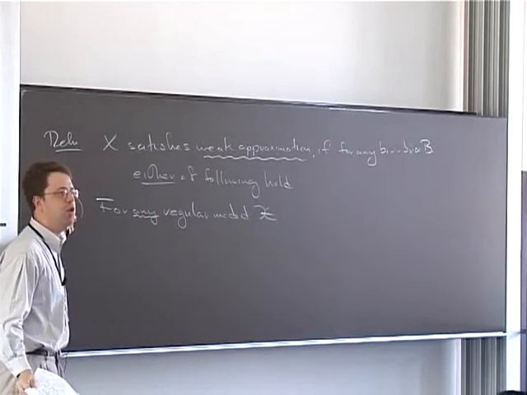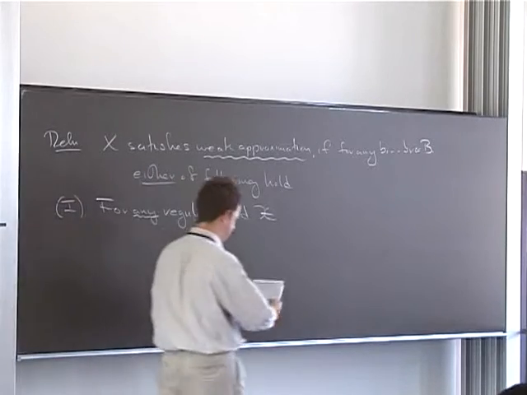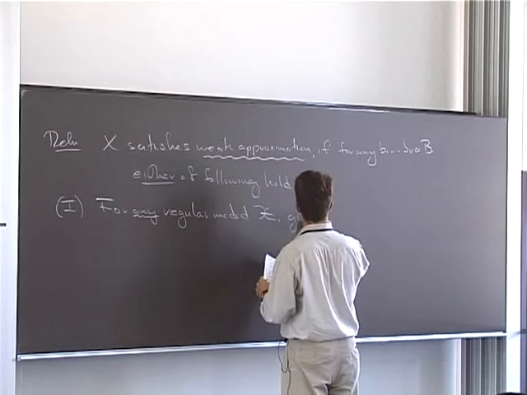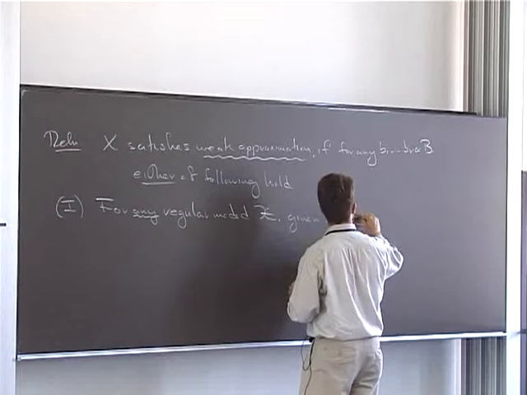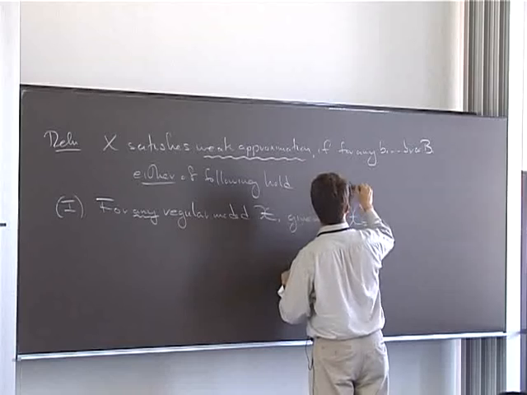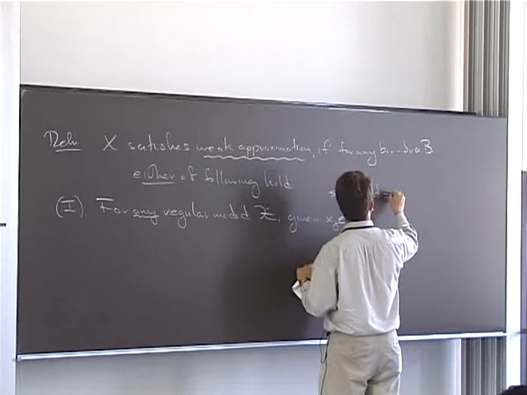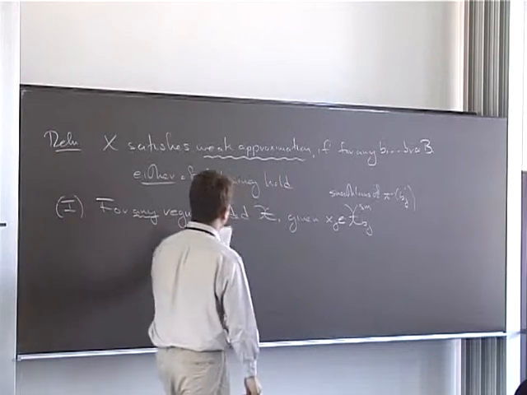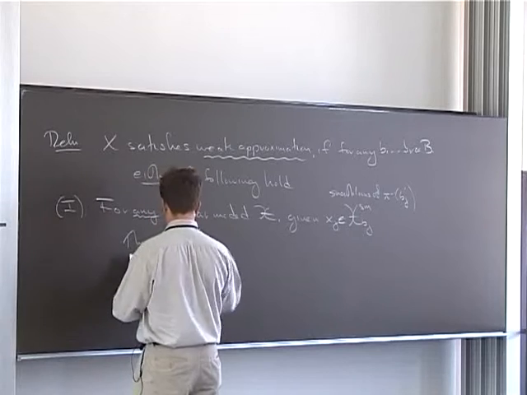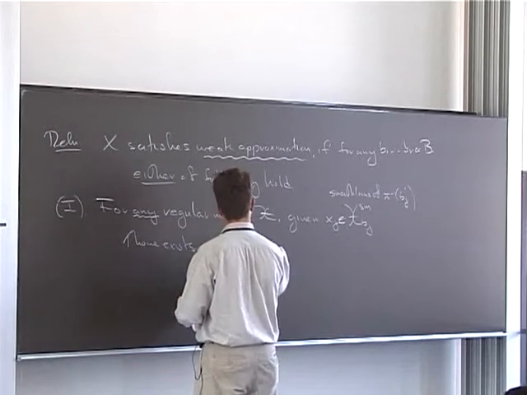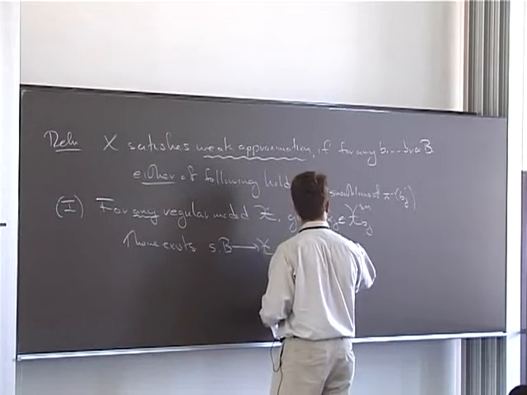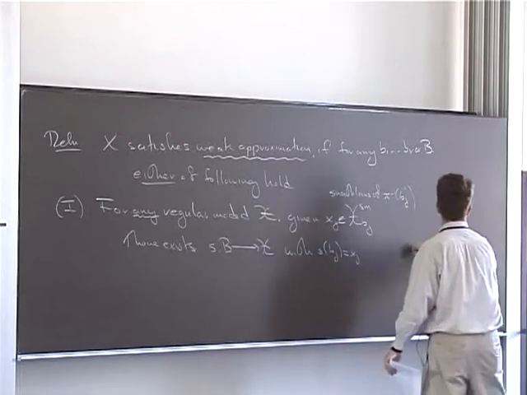You can see that this is not a very useful description, but if we're given elements xj in the smooth locus of the corresponding fiber, given arbitrary points, there exists a section with these prescribed values.